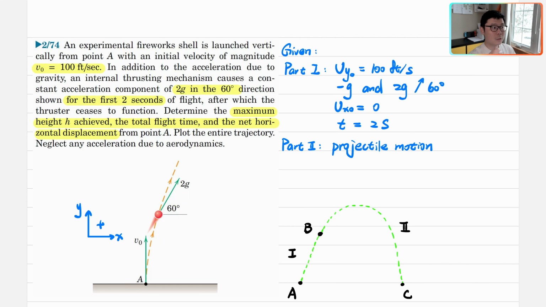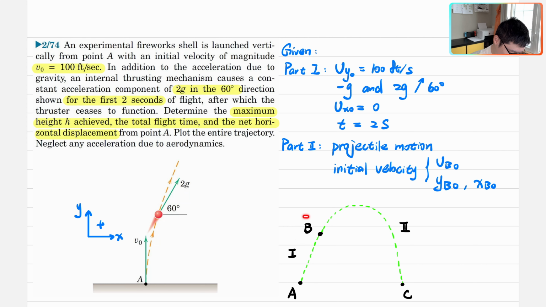That means we need to find the initial velocity at point B, so we want to find the initial velocity components, vBx0 and vBy0. What's the speed? How fast is it? And where is it? Ideally also xB0. So we want to find out, once we start our projectile motion analysis, where is it?